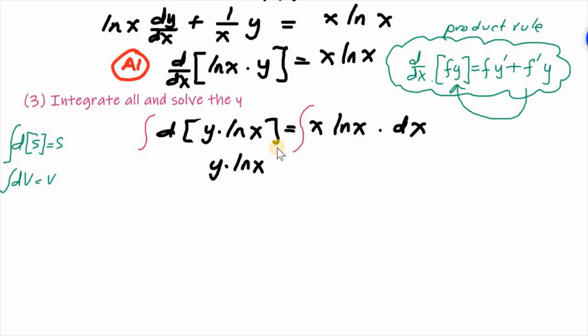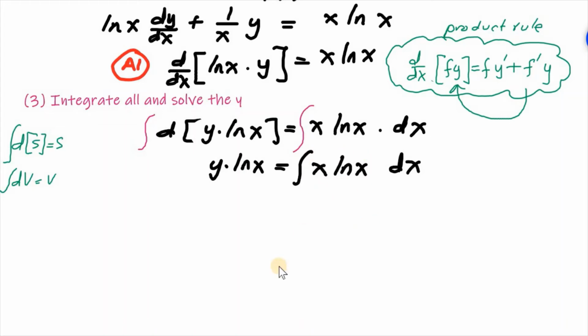But on the right side, how do we solve this integration? We have done this before, right? x ln x dx. Can we use a simple u substitution? It does not work. So why don't you pause this video?